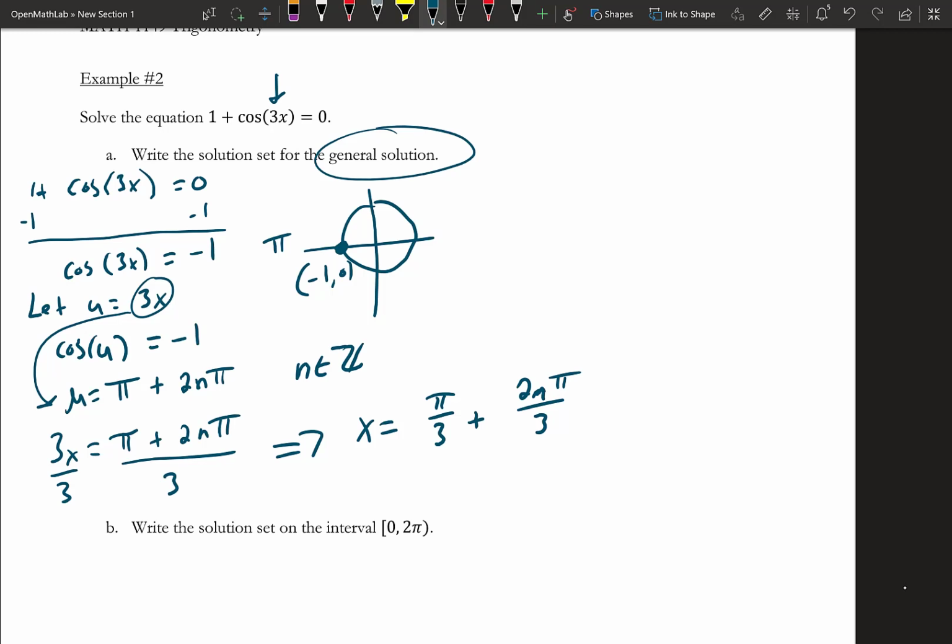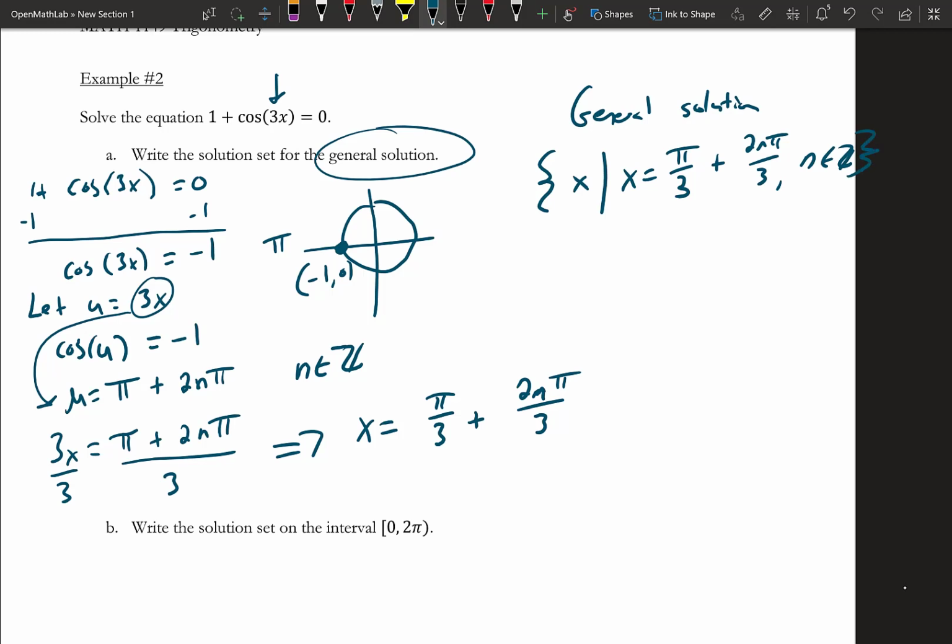So the general solution is the set of any x such that x equals pi over 3 plus 2n pi over 3, where n is an integer. So there's the general solution.